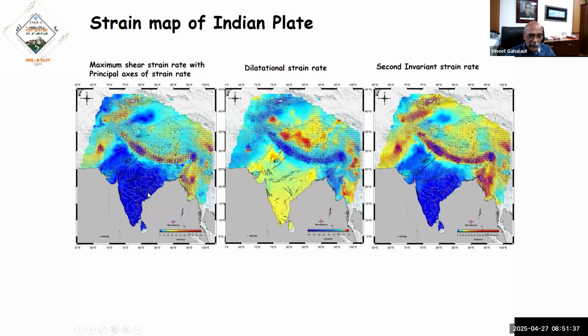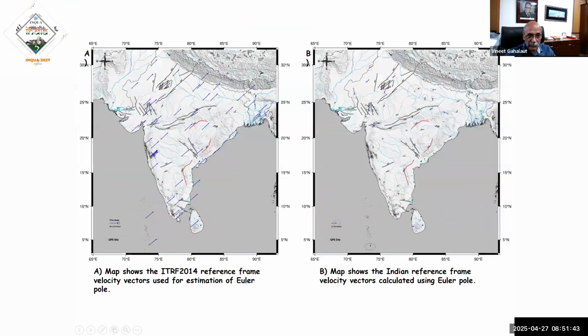So let me remove this part to see what is happening here. If I remove the Himalayan region and only look at the deformation which is taking place here, looking at the internal deformation and removing the rotational component of the Indian plate, now mind you, this is the scale.